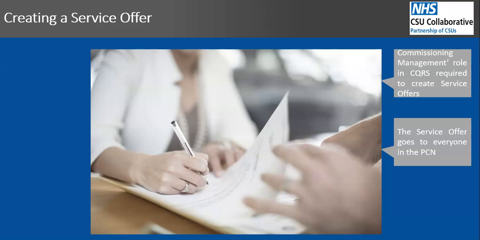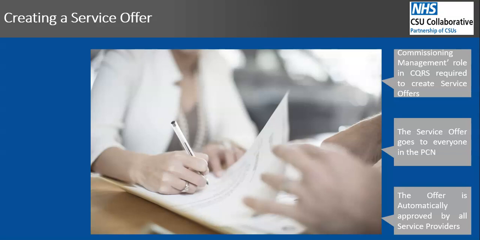Instead, you will choose the quality service, define the service details, and after you've confirmed and submitted your service, it is automatically approved by all the service providers under your particular primary care network. Please note that unlike other quality services, any that have been created and set for primary care networks cannot be customised.